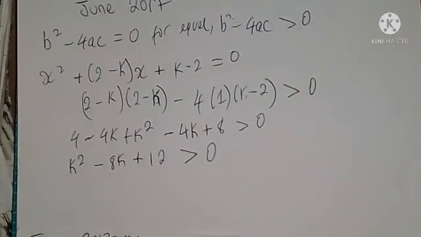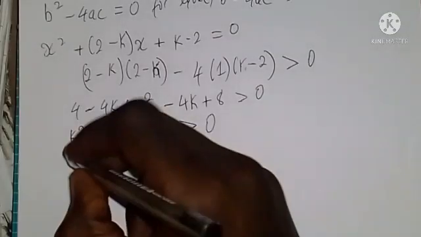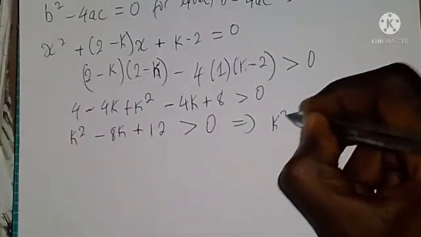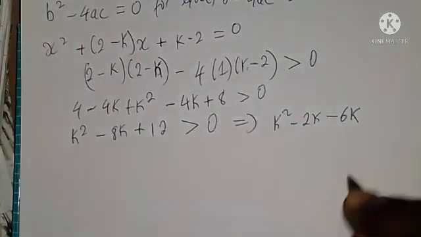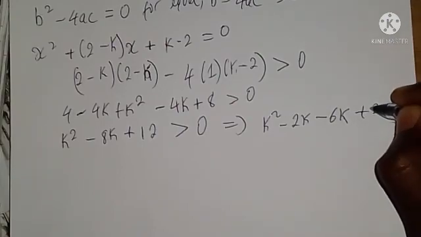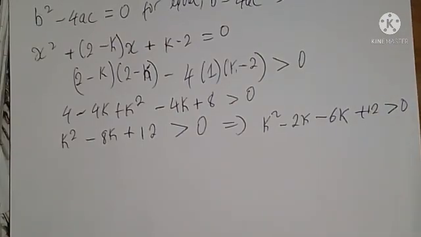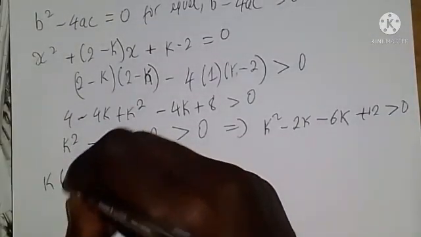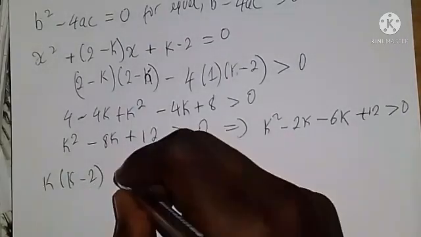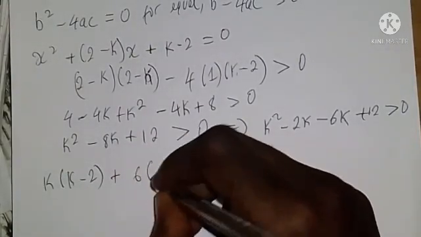So the next thing here will be to factorize this quadratic, because we have a quadratic equation to solve to get the critical values. Now, we're going to do this by the factorization method. So this implies that k squared minus 2k minus 6k plus 12 is greater than 0. So factor everything out: k into k minus 2, minus 6 into k minus 2, greater than 0.